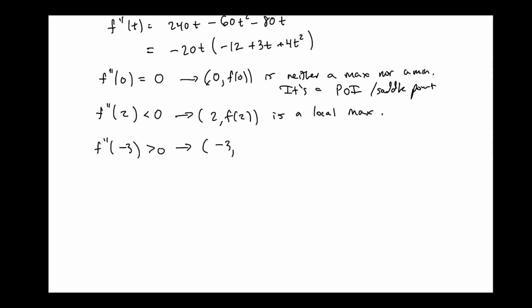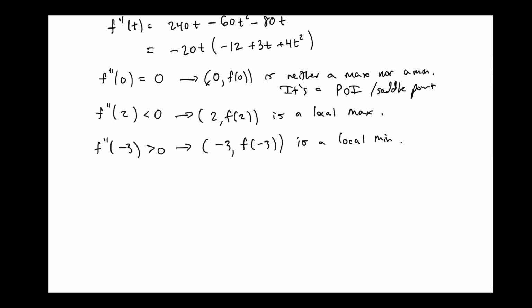And so minus 3 comma f of minus 3, whatever the y value is, is a local min. Positive second derivative means you went through a minimum, not a maximum. Good?